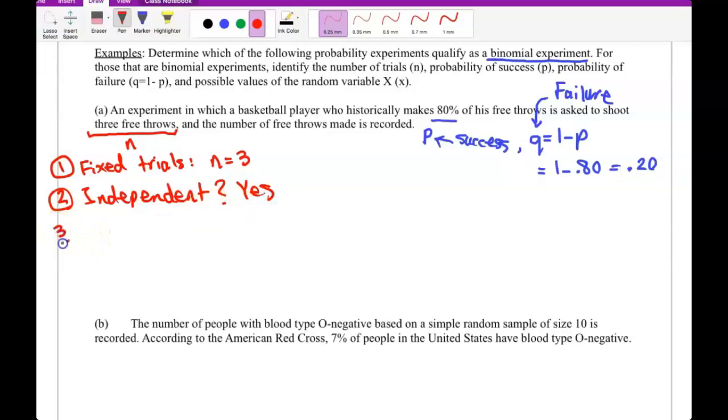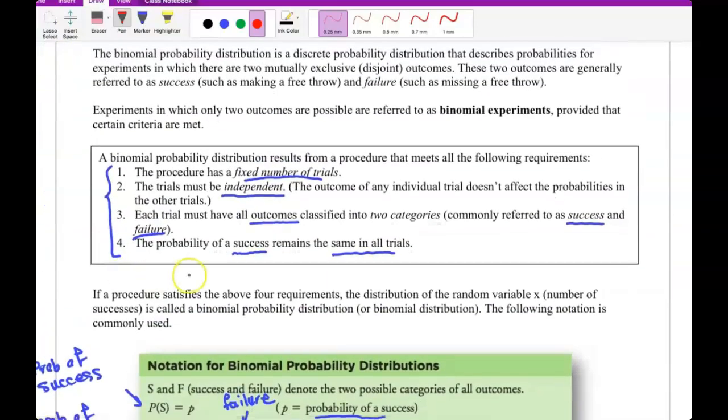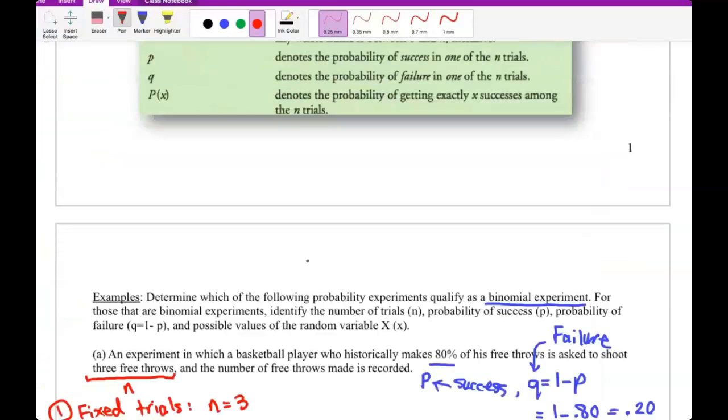Then third step, do we have 2 outcomes on this part? So we have our outcomes, and what that is, he misses his shot or not, so makes or misses. Then step 4, the probability of success remains the same in all trials.